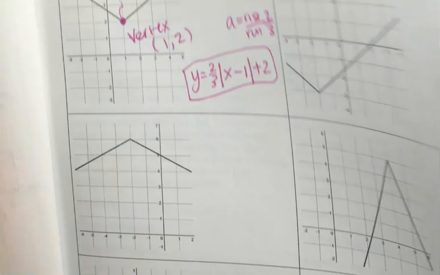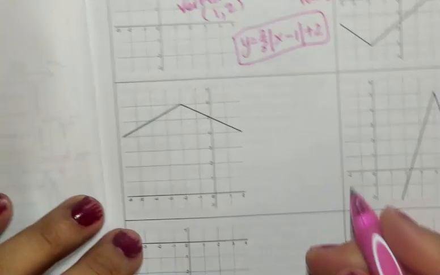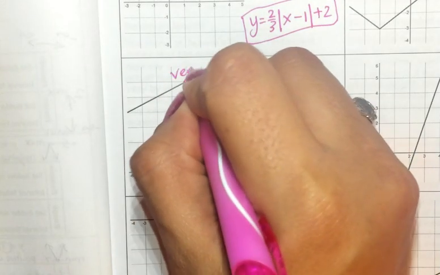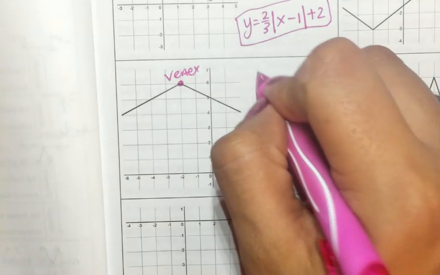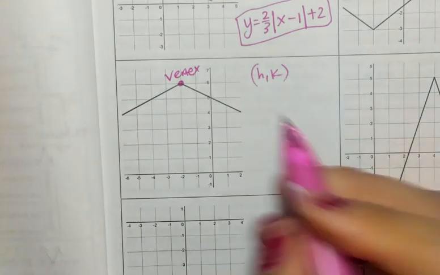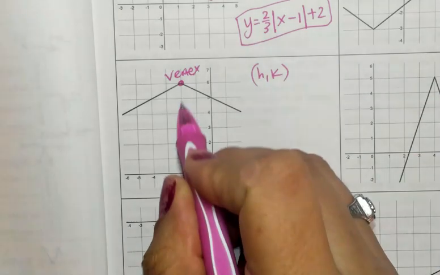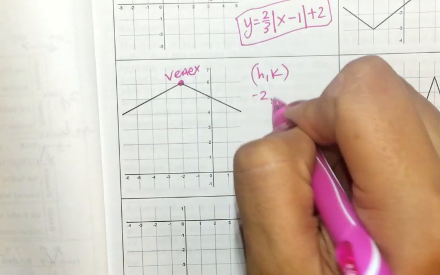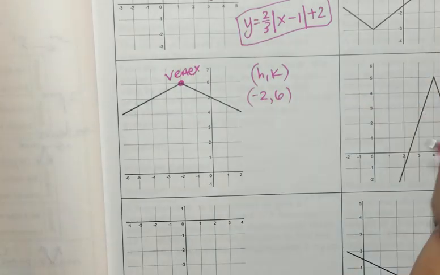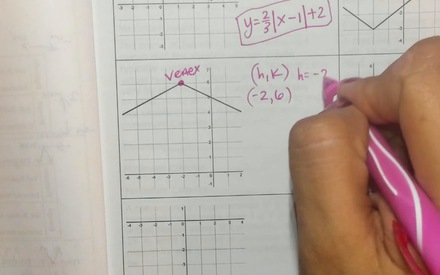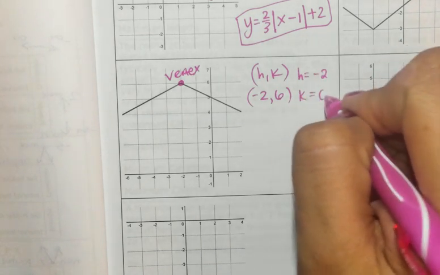Okay, let's write 2 more examples. You start by looking at the vertex, identifying the vertex as h comma k, so it's x comma y, -2, 6. So this confirms that our h value is -2 and our k is 6.